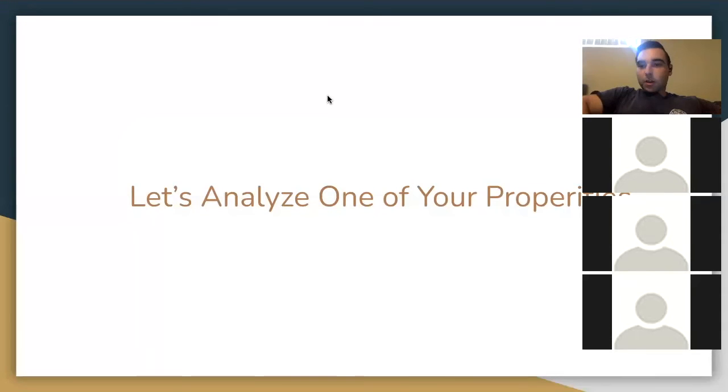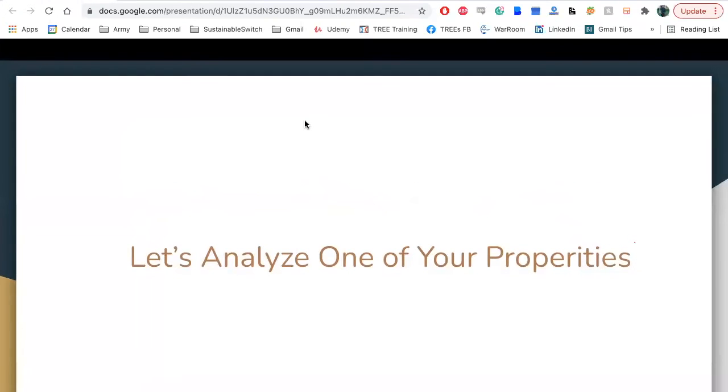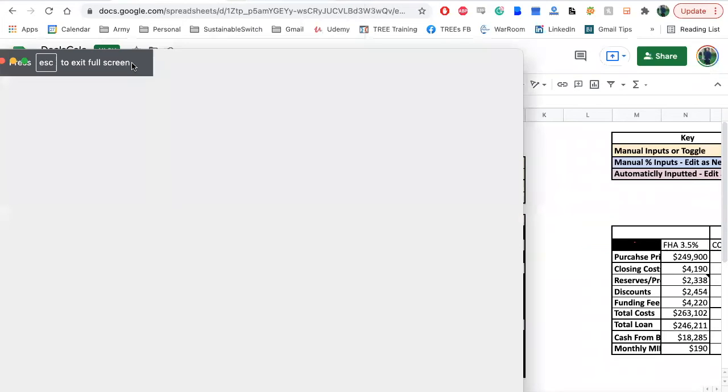All right. So does anyone have a property that they would like to analyze? I have Zillow open, well, I will have Zillow open, and I will have my calculator open. I just went under contract on 460 Hamilton. You want to throw that one in there?